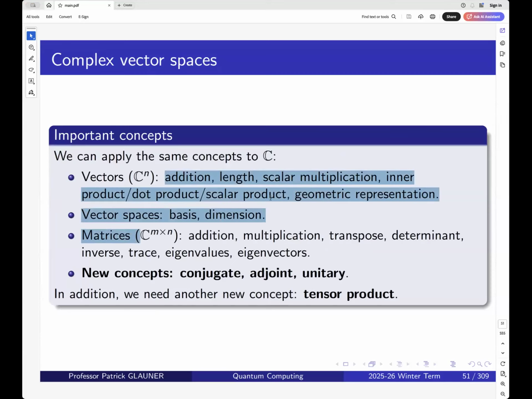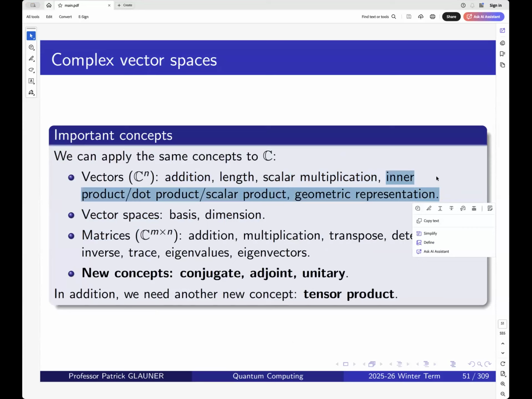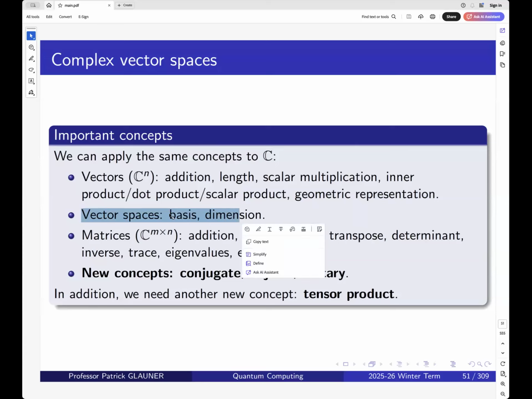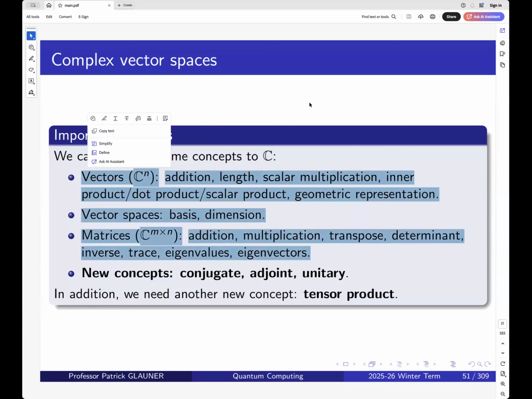All the stuff we have seen, addition, length, scalar multiplication, these products, all of that can be done as well if we don't put real numbers into our linear algebra structures, but we put in complex numbers. The concept of vector spaces, basis, dimension becomes a bit more complex, but I can also have matrices that I add, that I multiply, that I transpose, and calculate the determinant, the inverse, the trace.